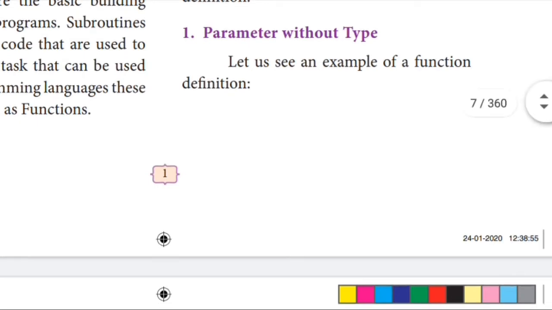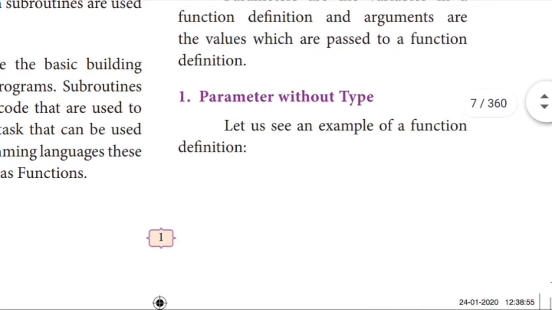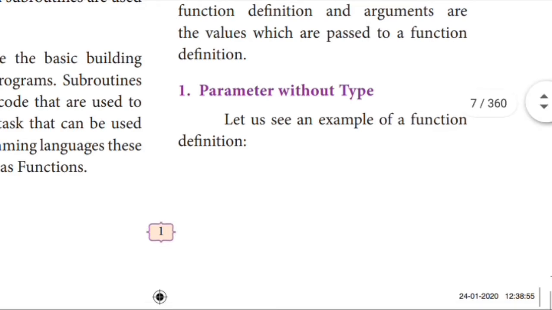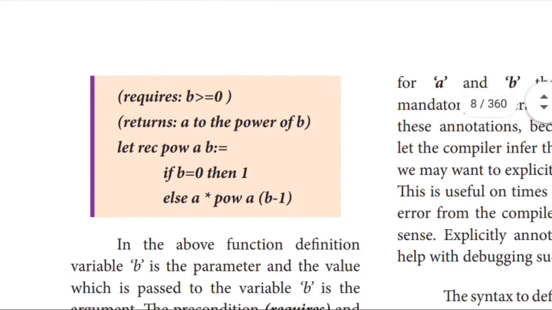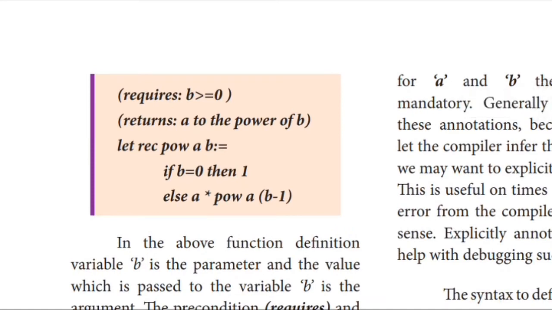If we are using some variable and assigning some data to it, we have to mention whether it is an integer variable or a float variable. According to the type only, that variable will work as intended.